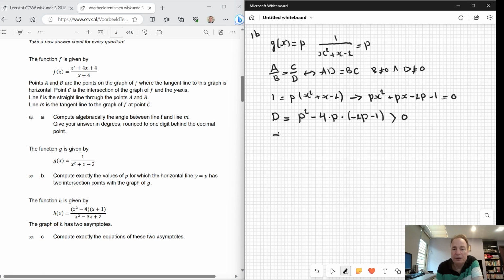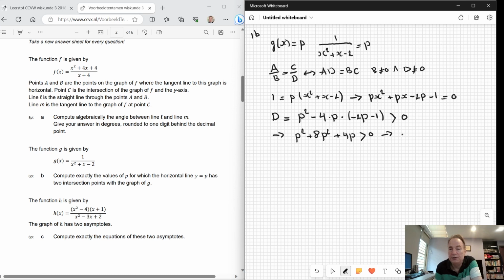So that means that p squared, and let's work this out. Here you get minus 4p times minus 2p, so you get plus 8p squared. And here you get minus 4p times minus 1, plus 4p.